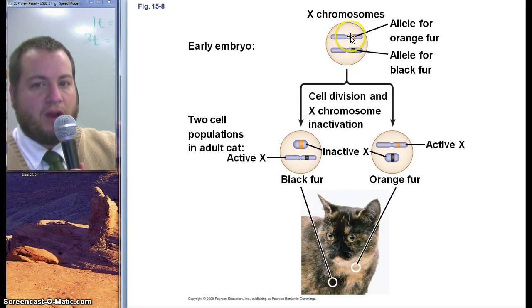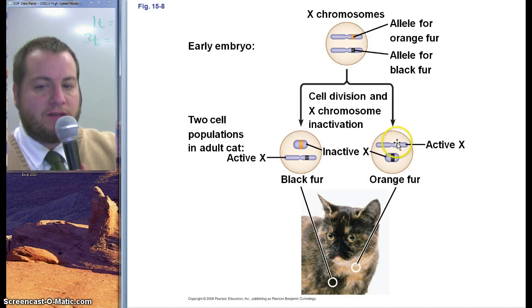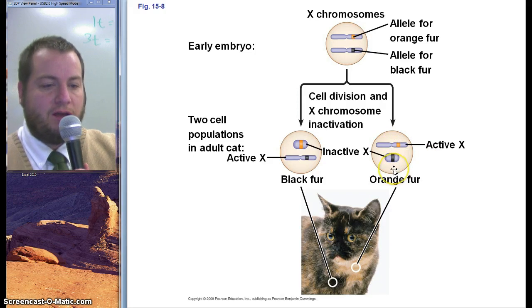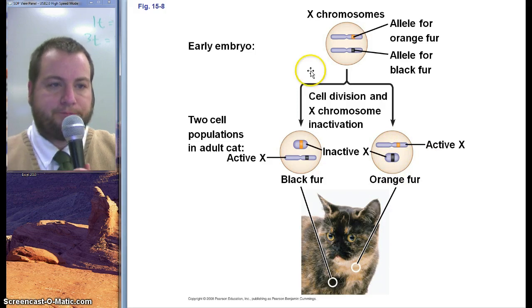So she would have one X chromosome with the allele for blue and one X chromosome with the allele for brown. So in the cells that are brown, the blue gene was inactivated, and in the cells that are blue, the brown gene has been inactivated, and so she's got various patches on there.